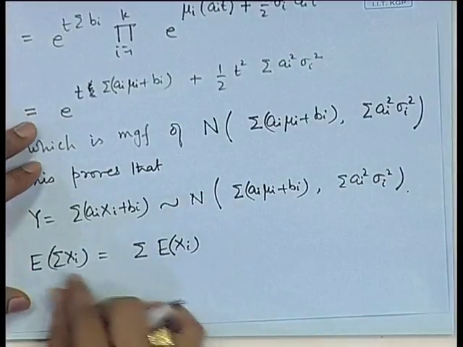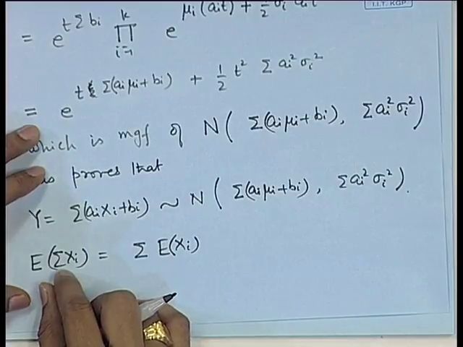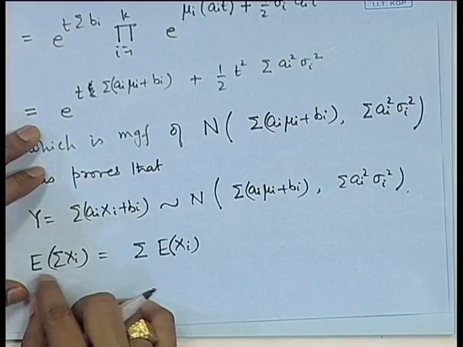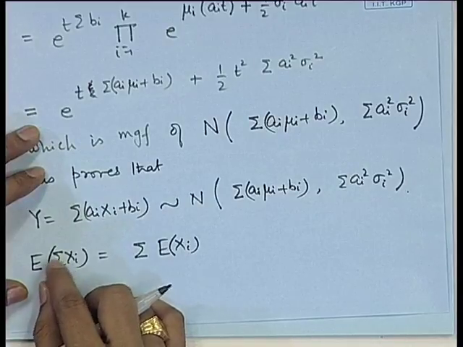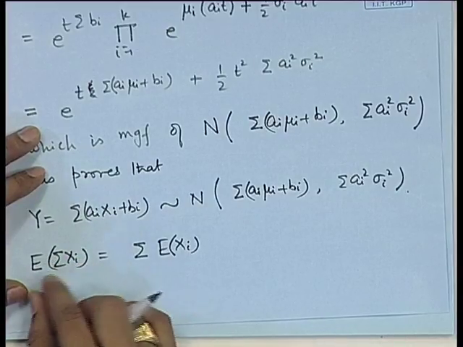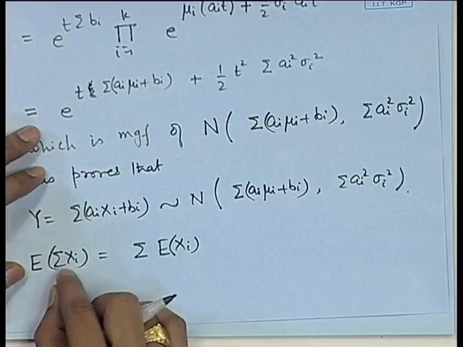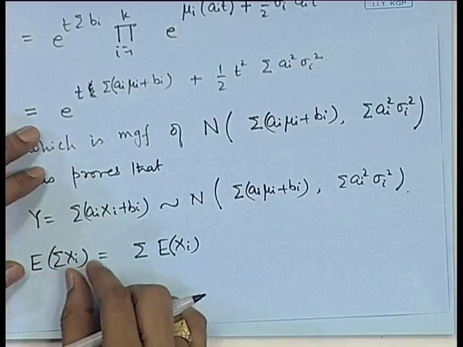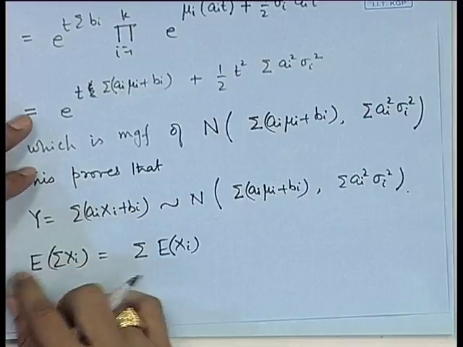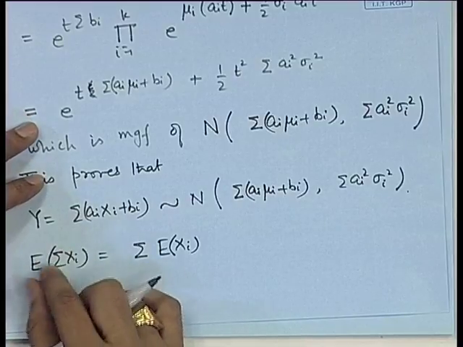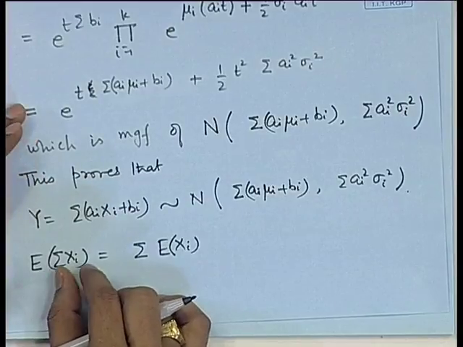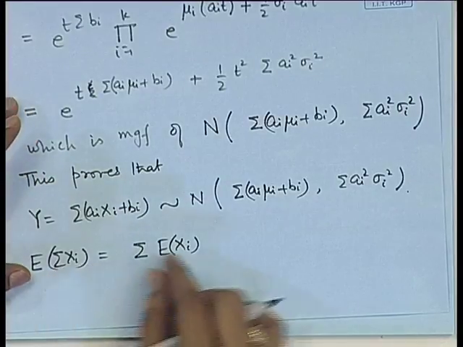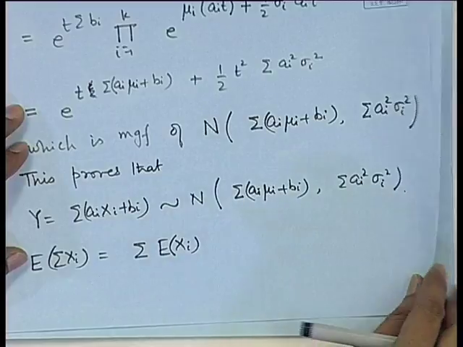The proof of this fact is quite simple, you have to just apply the linearity property of the integral or the summation signs, because here it is the expectation of a summation. Either you will have summations, if the random variables are discrete, or if they are continuous, we will have integrals. So, when we apply the linearity property, the sums can be taken inside and it will prove this property.